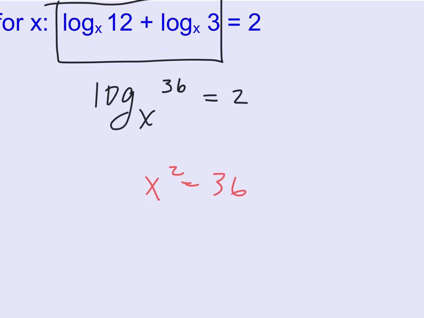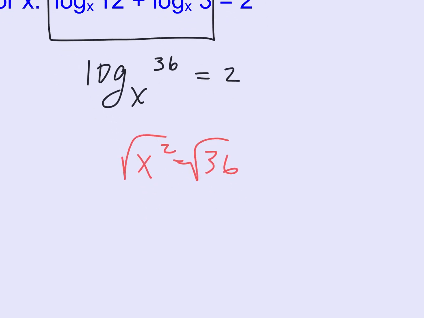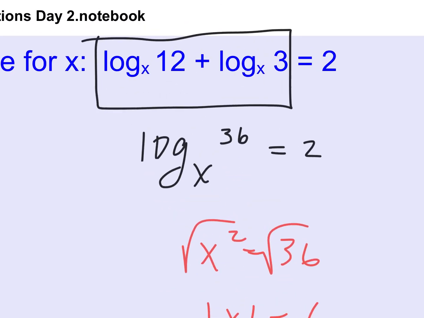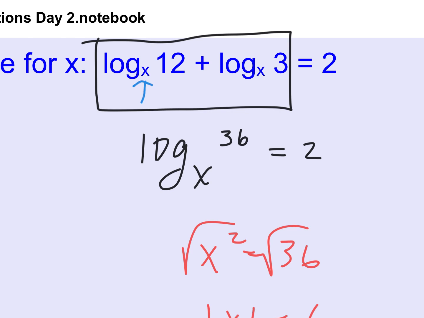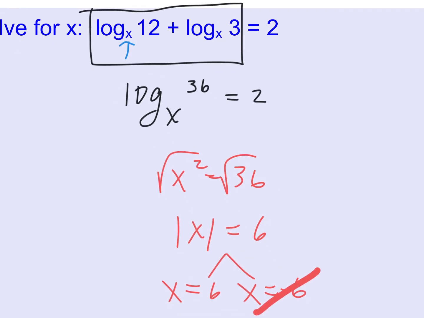And then really easy mistake. Square root, absolute value of x. Square root of 36 is 6. And then this has two answers. X equals 6, x equals negative 6, and then you have to go, but wait, I can't put a negative here. So that answer is called an extraneous answer.